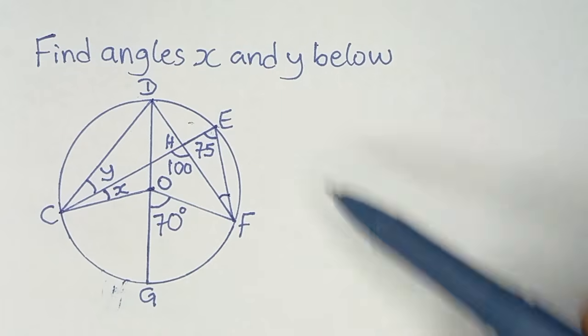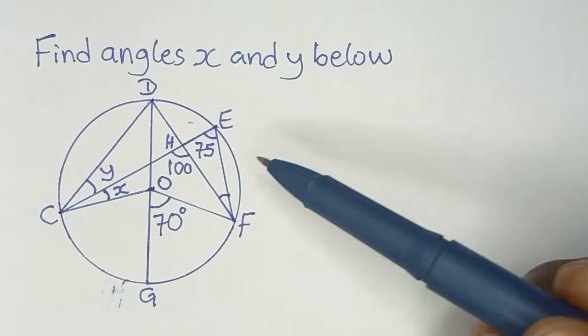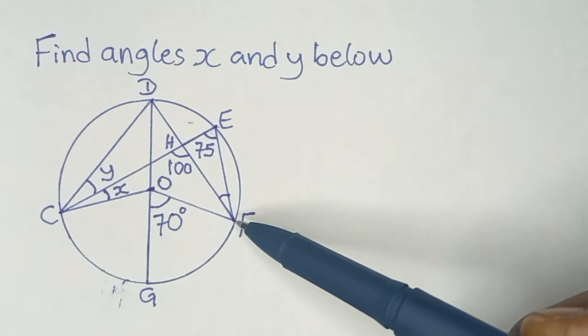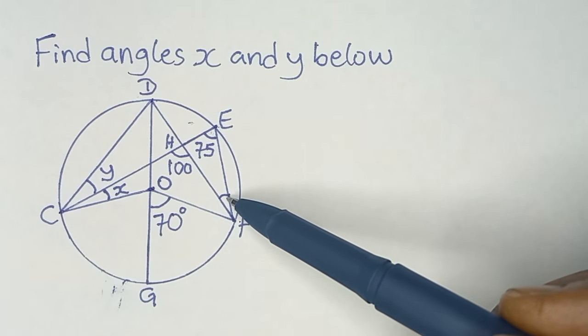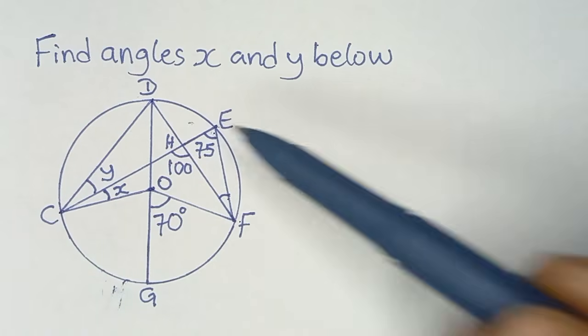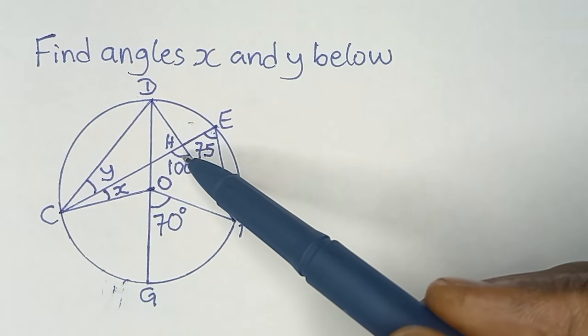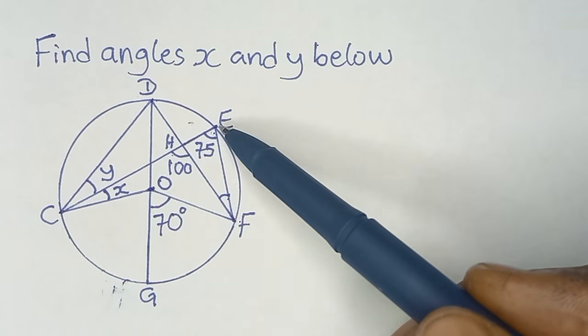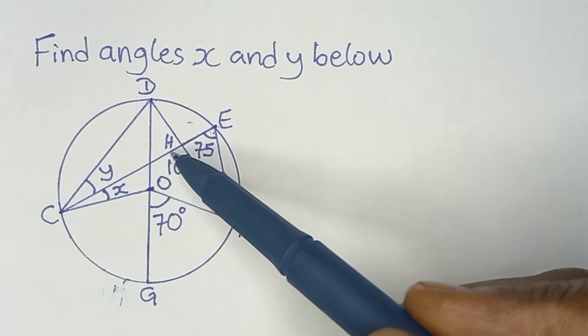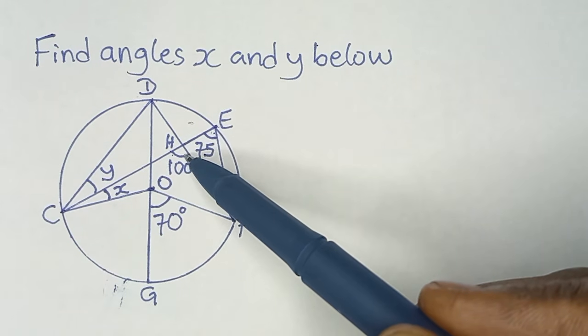If you look at this angle, you agree with me that with respect to this triangle HEF, this angle and this one together are the opposite interior angles of this exterior angle. Don't forget, this line HE is extended outward to form this exterior angle.